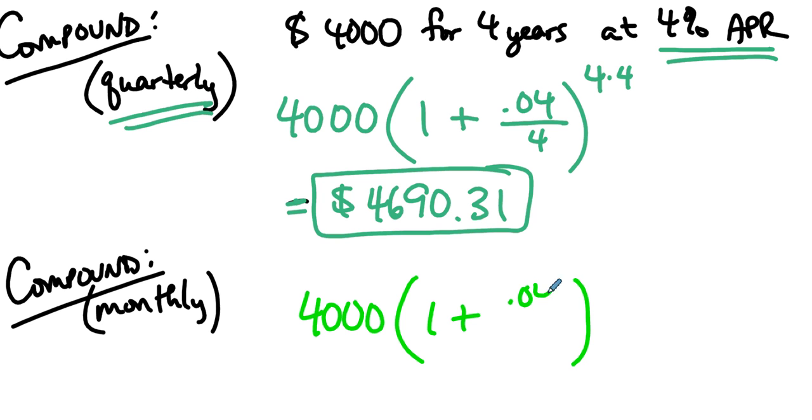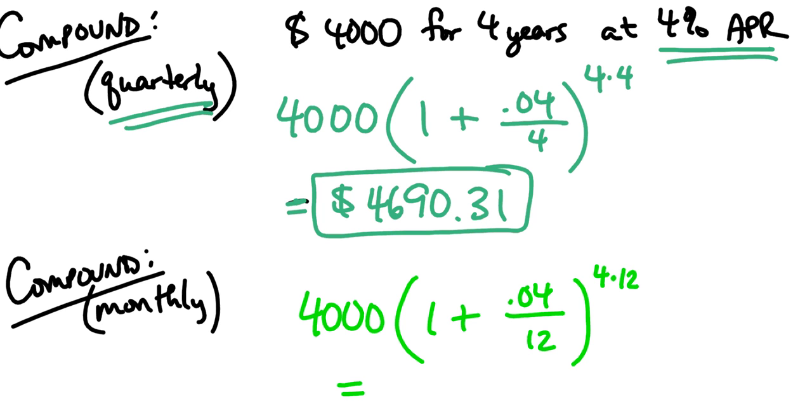It's still a 4% interest rate, but now we're compounding every month, which means we take that 4%, we divide it by the number of months in a year, because this is a monthly interest rate. And then what's the power? Well, we're going to do it for 4 years, but that means 48 compoundings. This is the number of times we compound.